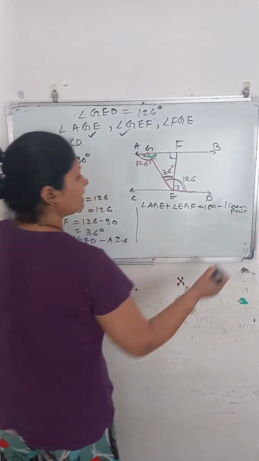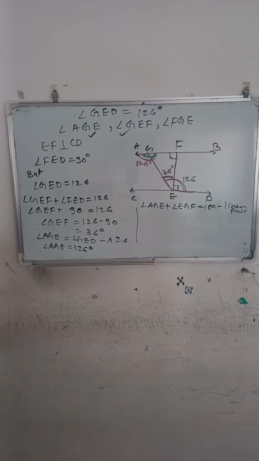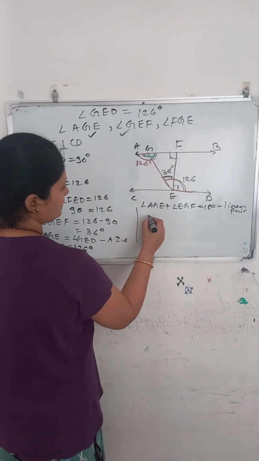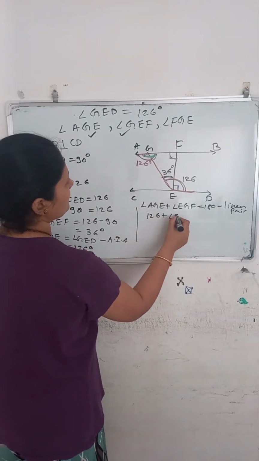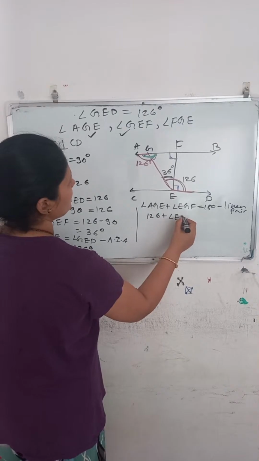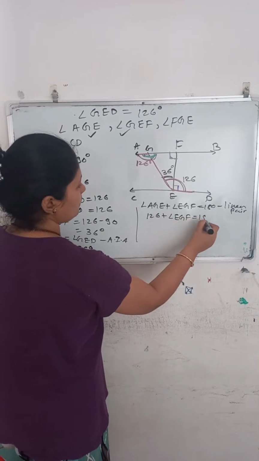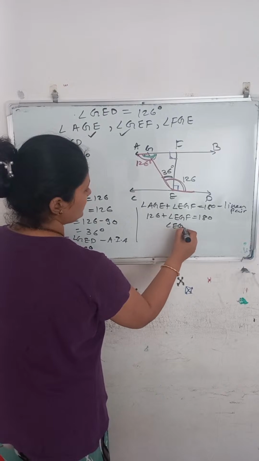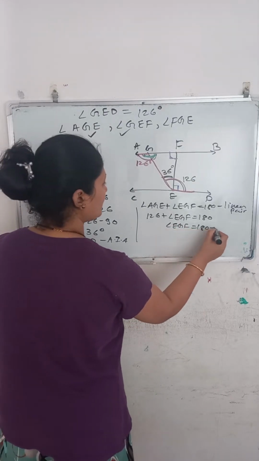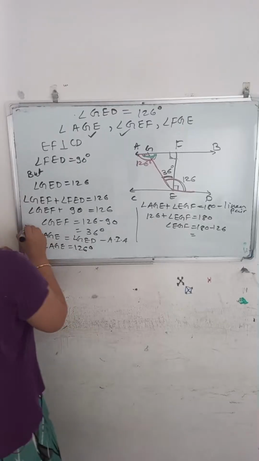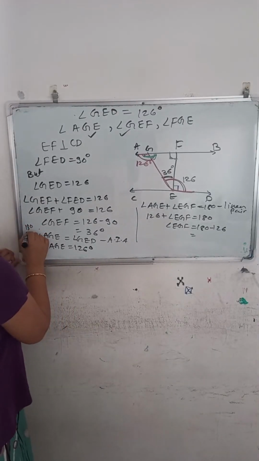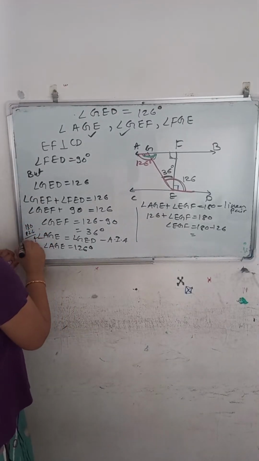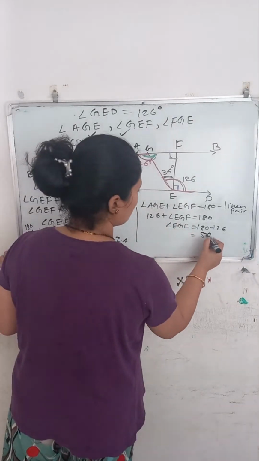Now you all are in 9th standard, so writing the reason is very important. Sometimes if you are not writing the reason, they cut the marks. So 126 plus angle EGF is equal to 180, so angle EGF is equal to 180 minus 126, which gives 54 degrees.